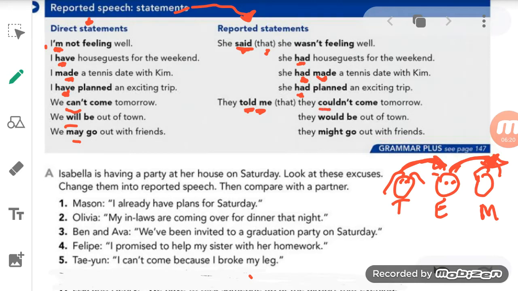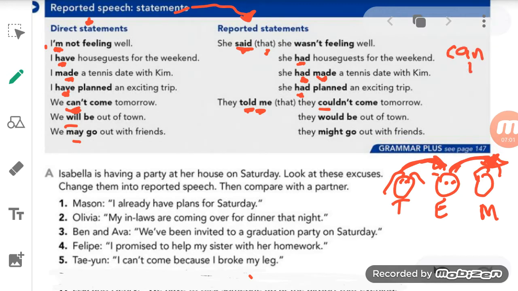So if the original sentence says, we can't come tomorrow, then you are going to say, they told me they couldn't come tomorrow, because the negative for could is couldn't. If it were positive, then you would say, we can come tomorrow. They told me they could come tomorrow. That is if you have can. The past of can is could.